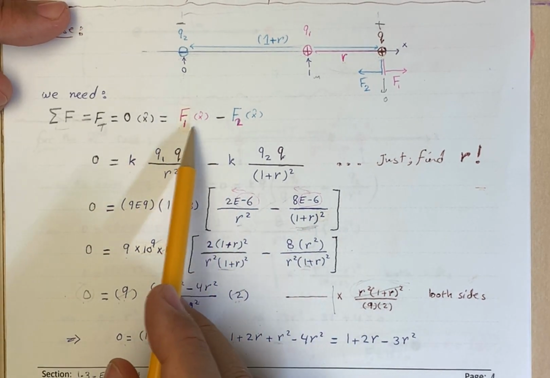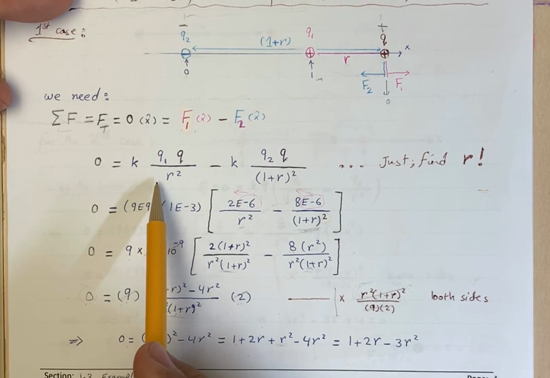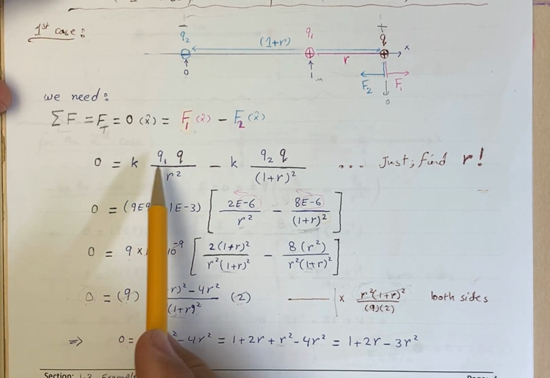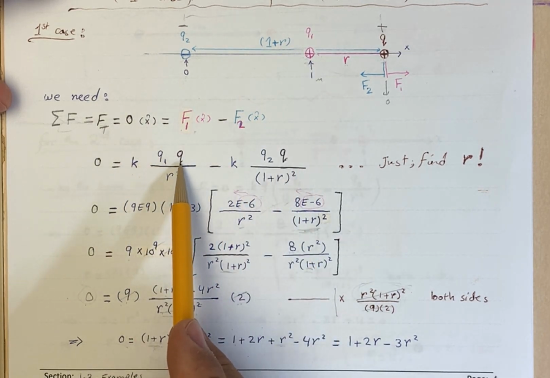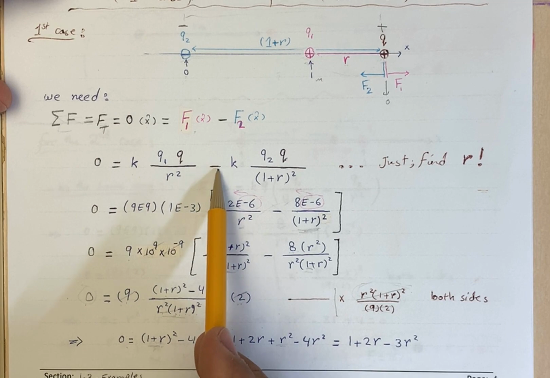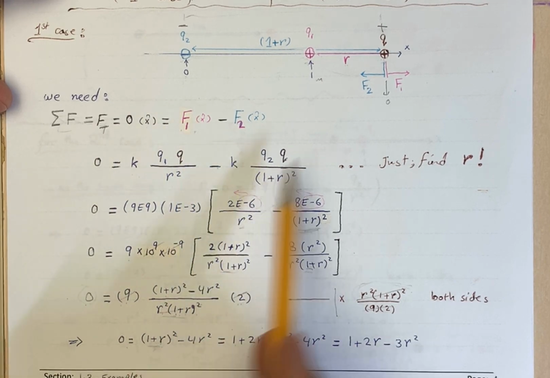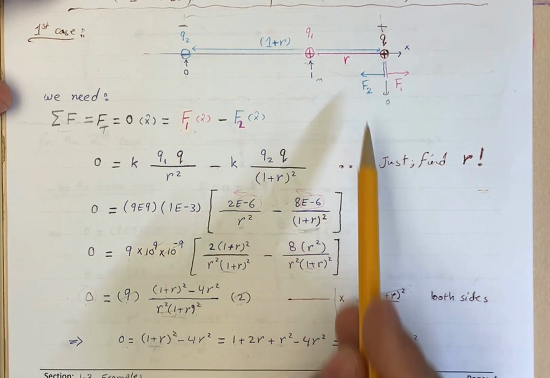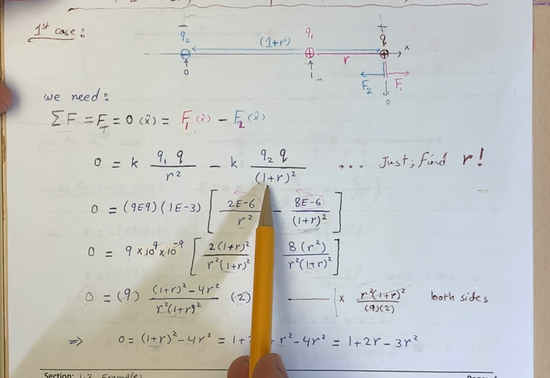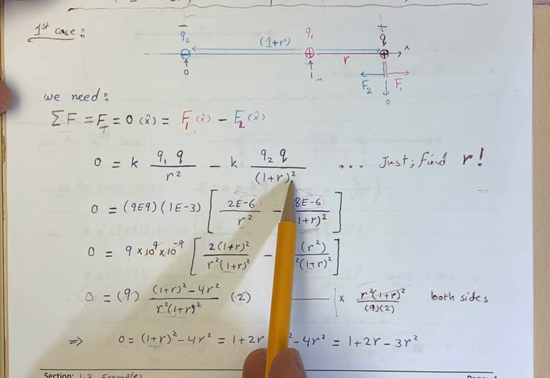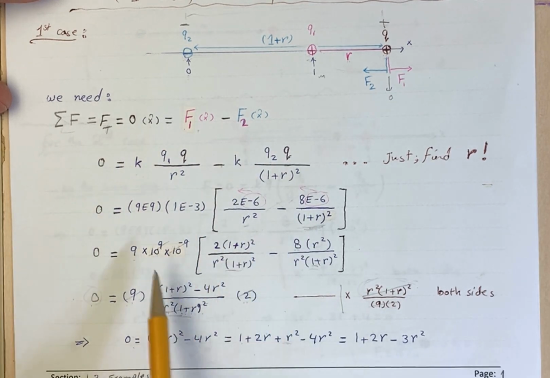Now, finding the first force and the second force by using Coulomb's law, we know how to do it. We have K, Q1 multiplied by the test charge over the distance squared, minus the second force, because they are in opposite directions, which is K, Q2, the test charge, over 1 plus R all squared. We just need to find R. We have all the values.